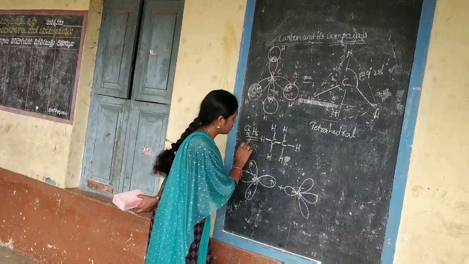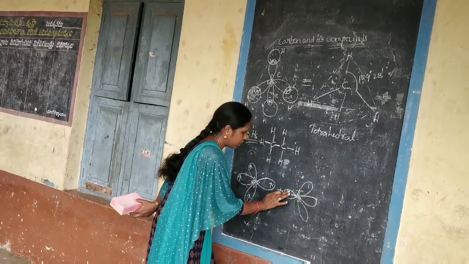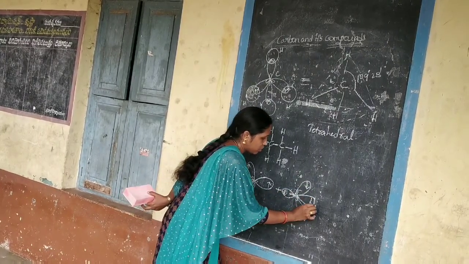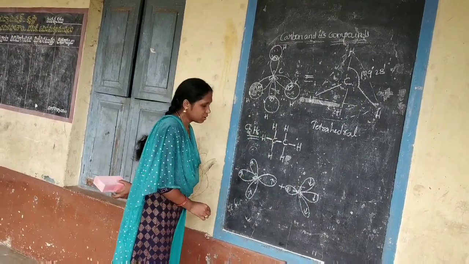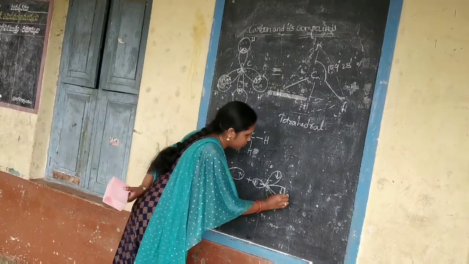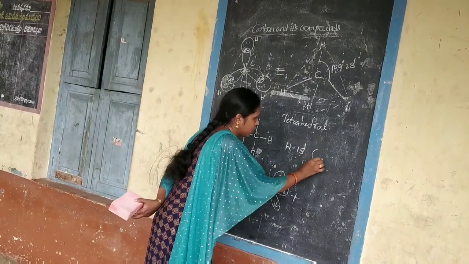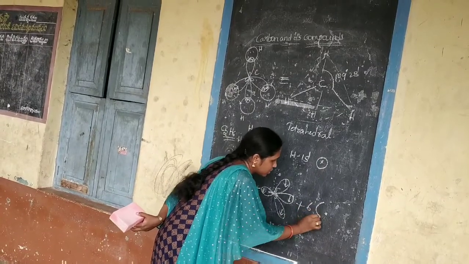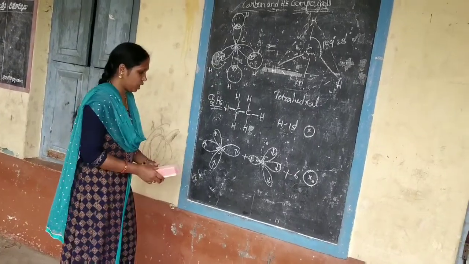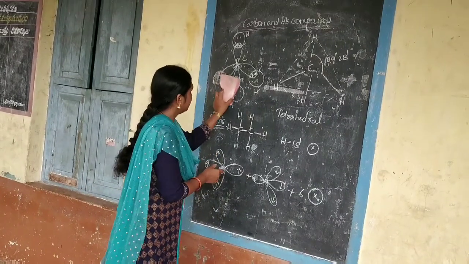Here in C2H6, two carbon atoms are there and both carbons are sp3 hybrid with opposite spin, and it has six hydrogen atoms. Each hydrogen has configuration 1s1, which means one spherical shape, six electrons. Those are involved in the overlapping. I will write here.